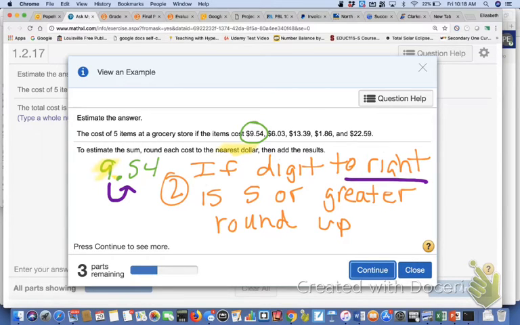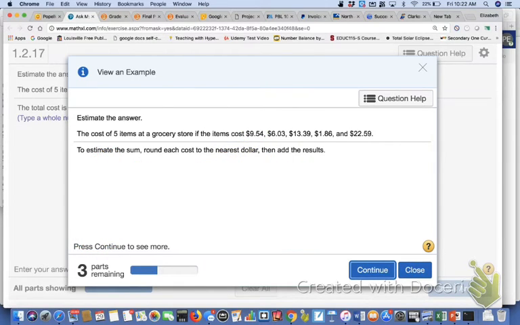In this case, the 5 is obviously 5 or bigger because it's a 5, right? So we're going to round this 9 up to a 10. So $9.54 rounded to the nearest dollar will be an even $10.